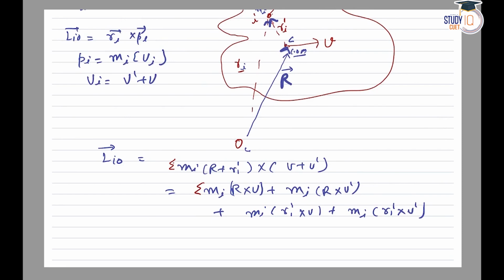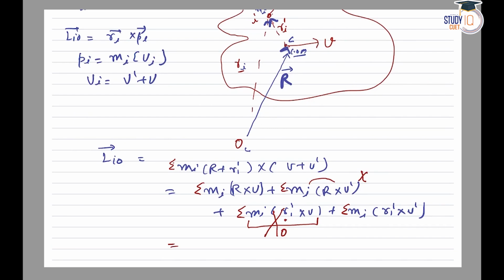When we take the summation, this term represents the sum of Mi into Ri prime, the mass moment with respect to the center of mass, which can be written as 0. So this term would be 0. Similarly, this can also be written as 0, as this is Mi into V prime, and on differentiating this, we get this term. So this is also 0.